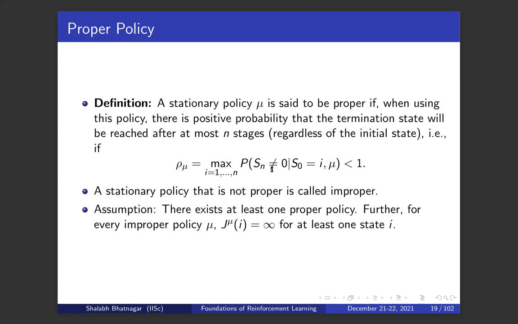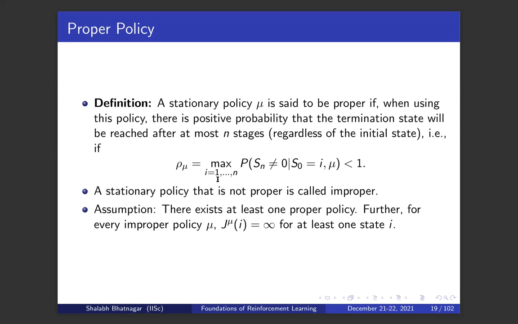This essentially means that if you look at the probability of Sn being not equal to 0, where 0 is our terminal state, given that the initial state is i, a non-terminal state, and you are following this policy mu, and you take the maximum over i equals 1 to n, over the non-terminal states, this should be less than 1. Call that rho mu. If this happens, then we say that mu is a proper policy. A stationary policy that is not proper, we'll call an improper policy.